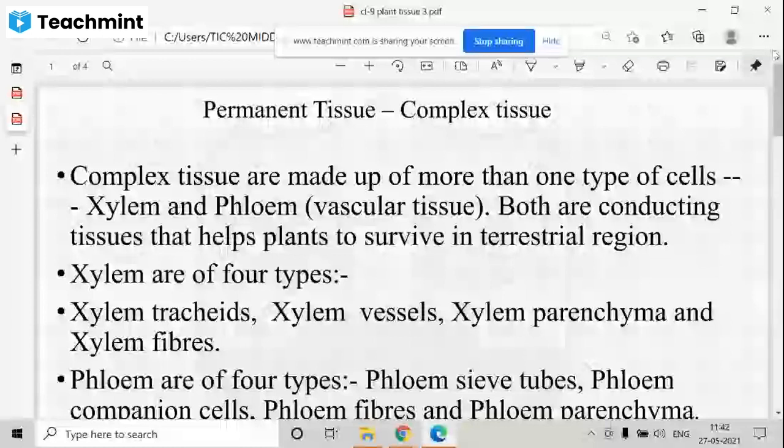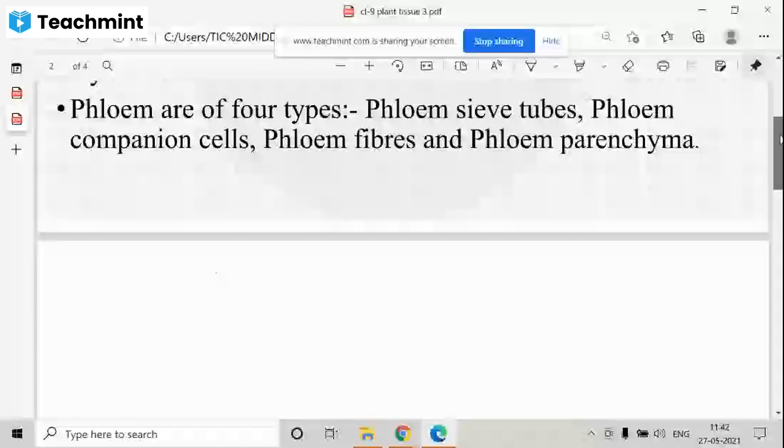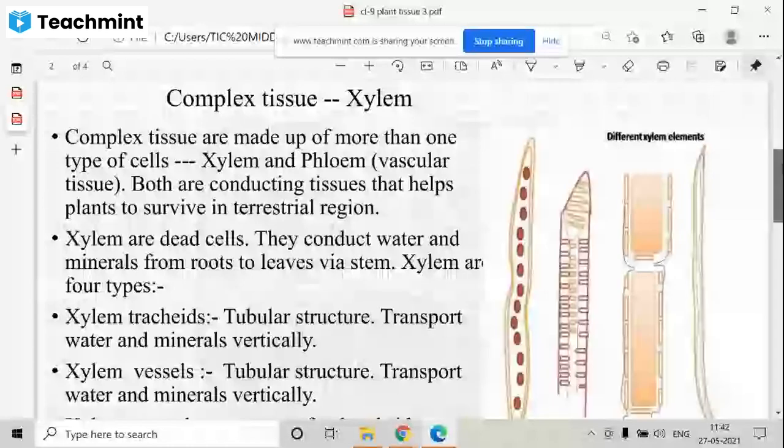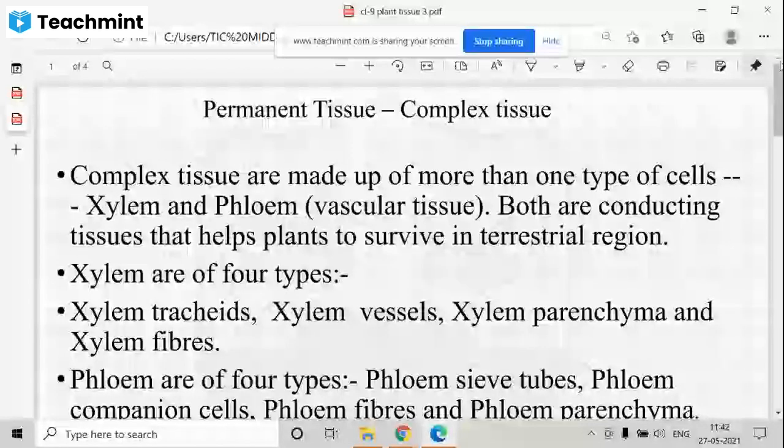Now, in complex tissues like xylem and phloem, what is their position? Where are they located? Mostly they are located in the center of the part, which helps in conduction, supported by the peripheral parenchyma tissues. If you see the transverse section diagram of last class, they help in the conduction.